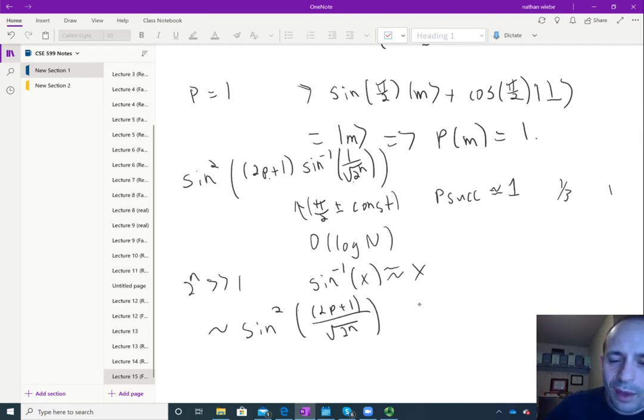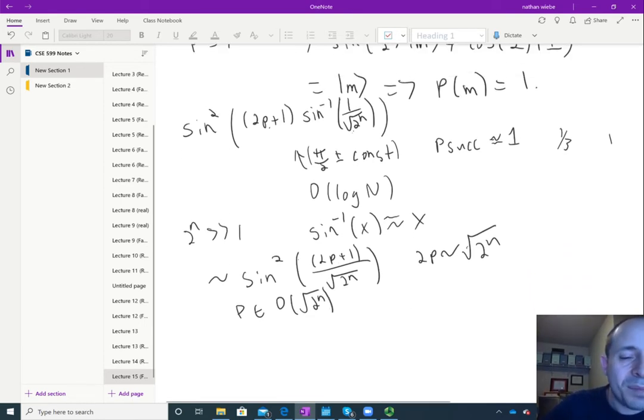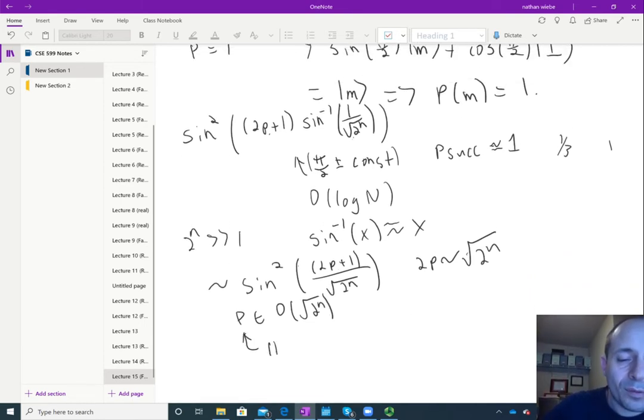And this means that we've got to pick 2p to be roughly square root of 2 to the n, which means that p is in order root 2 to the n. Where what is p? p is the number of times w must be applied.